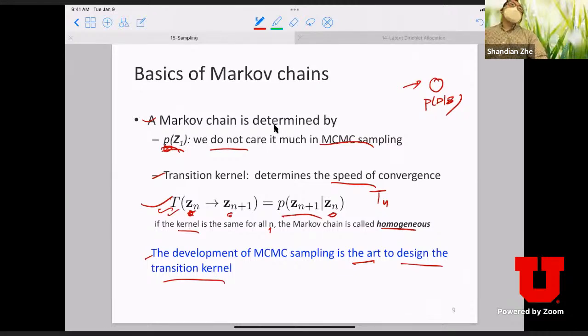But sometimes it doesn't converge. There are some practical heuristics, like looking at the trace plot to see if it is likely to converge. And it's just likely to converge. It's not saying that if I look at this plot and it's stable, it guarantees convergence. There's no guarantee on that.